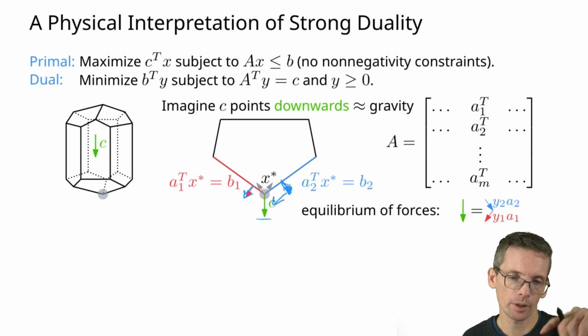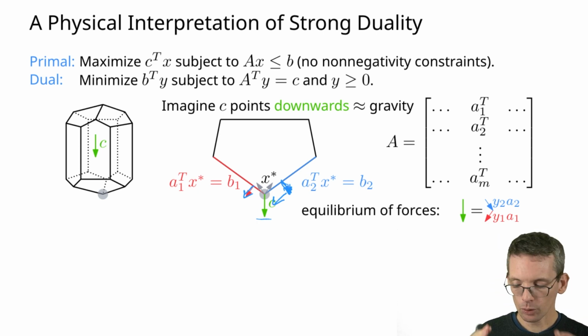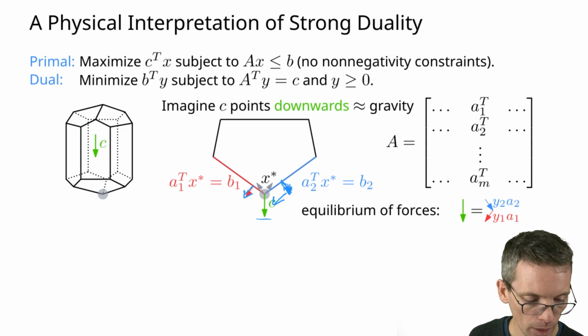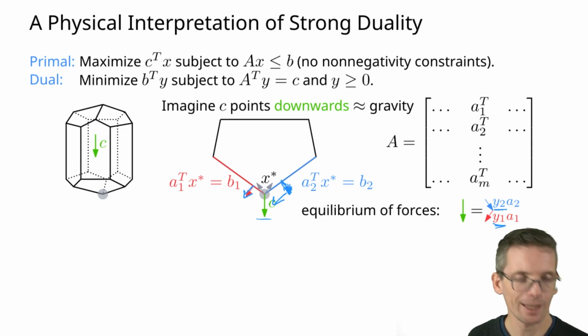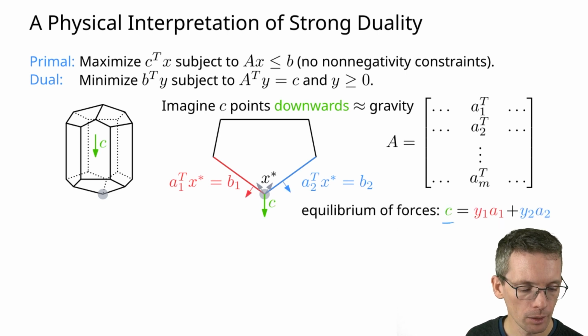This is now the minus the actual forces that bring us the equilibrium. And those 2 forces, they come in with certain coefficients. Let's call those coefficients y1 and y2. The equilibrium of forces allows us to conclude that C equals y1a1 plus y2a2.